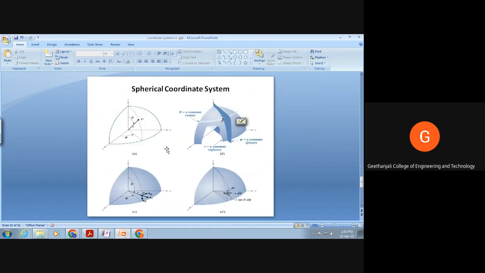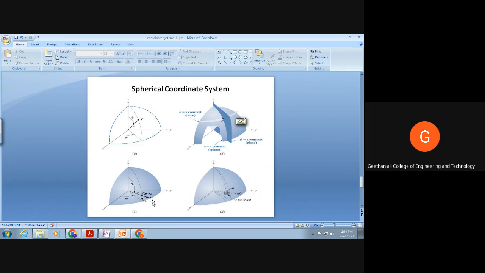Next, the unit vectors AR, A theta and A phi. As we have defined, AR is a unit vector having a magnitude of unity whose direction is perpendicular to the r is equal to constant surface. What is the r is equal to constant surface? Spherical surface. So wherever you want to define AR, at that point, for that part of the spherical surface, drop a perpendicular.